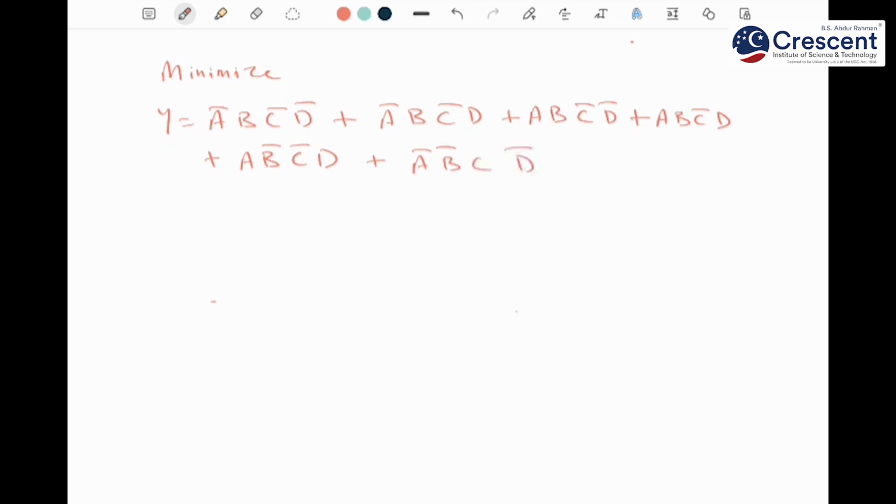So now what is step 1? You know what step 1 is. You have to find the number of variables. You can easily see that the number of variables n is equal to 4. So you know how to draw the K-map for 4 variables. For 4 variables we should have 4 rows and 4 columns.